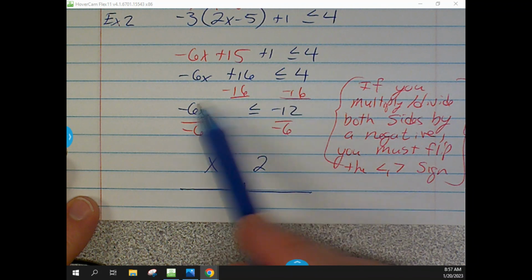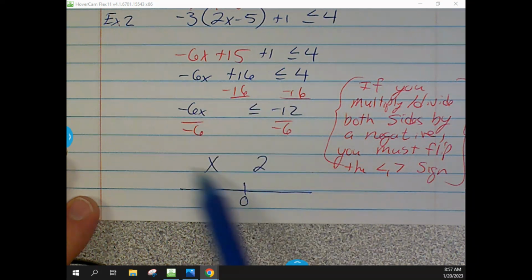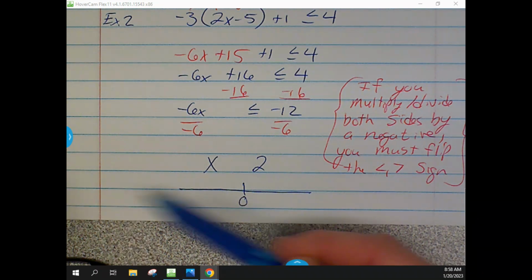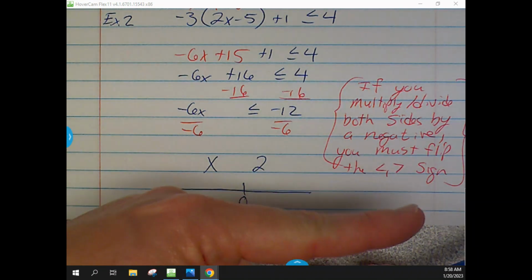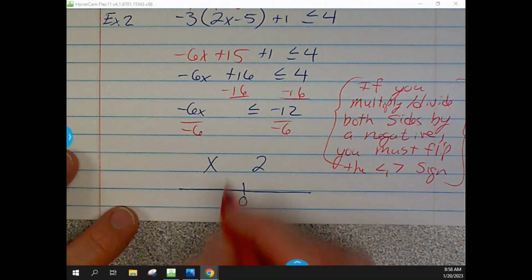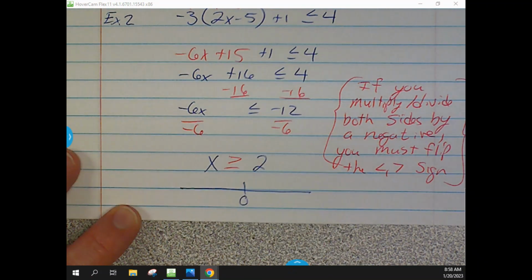When we divide or multiply through by a negative, instead of talking about the negatives, now we're talking about the positives. So instead of everything over here, now we're talking about everything over there. That's why you've got to flip your inequality sign, because you flip which side of the graph you're talking about. So for that one, instead of being less than or equal to, now we're talking about it being greater than or equal to.